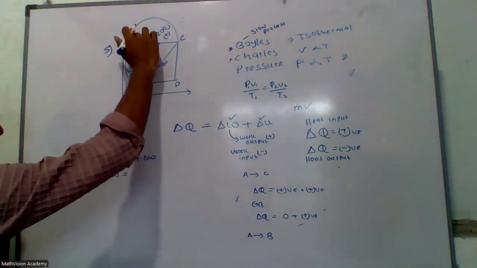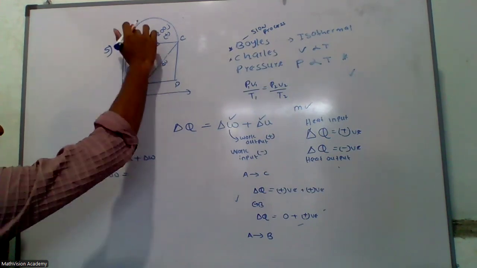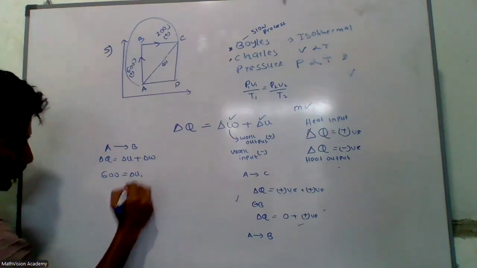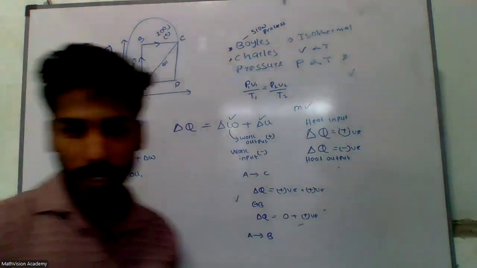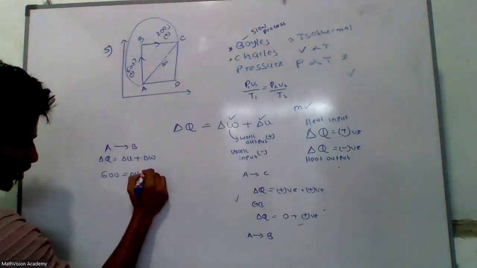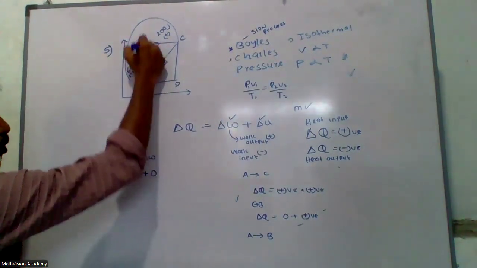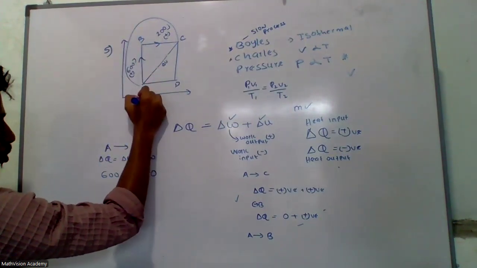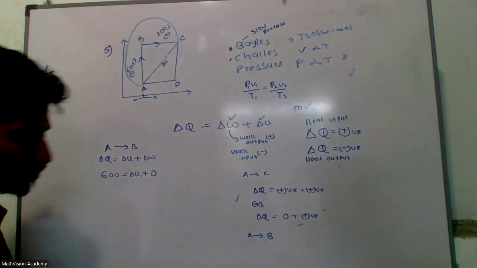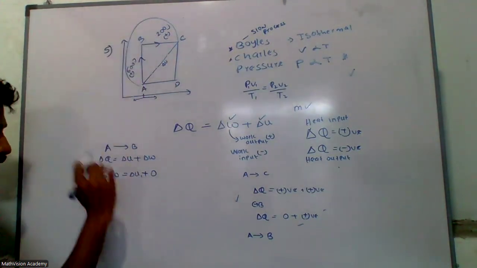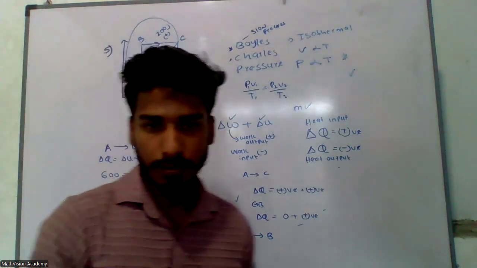There is an internal energy change because there is a temperature change, but we don't know it. Let's mark it U1. And what about the work done? That will be 0 because you can see it's a constant volume process. The volume is not expanding or reducing. So, internal energy change from A to B is 600.